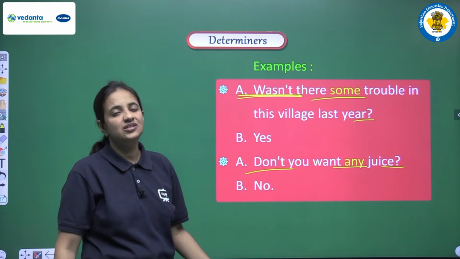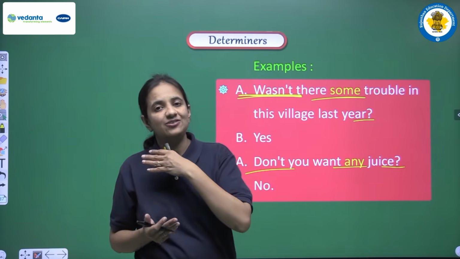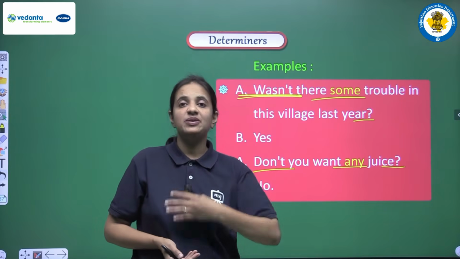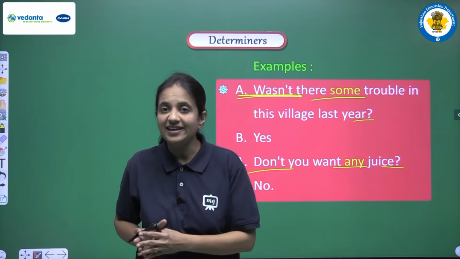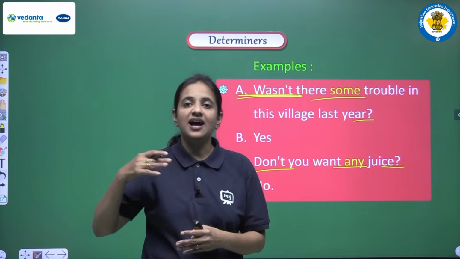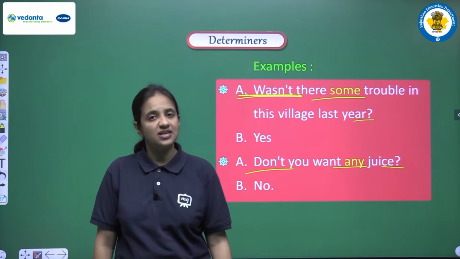Okay, so this is very easy also, but we have to keep in mind that if we are having some, it means the speaker is expecting the answer in yes, and if the speaker is using any, it means he is expecting the answer in no.